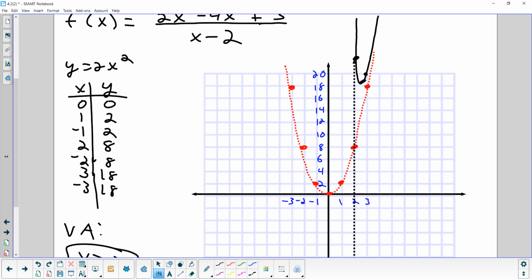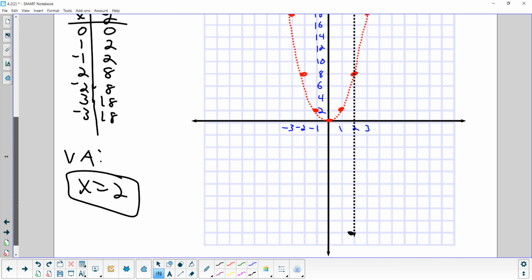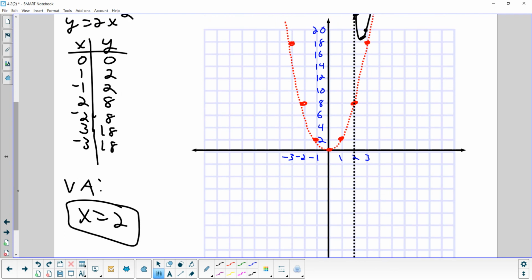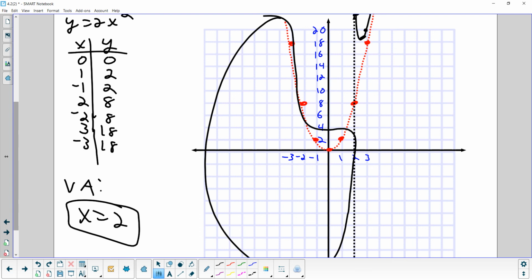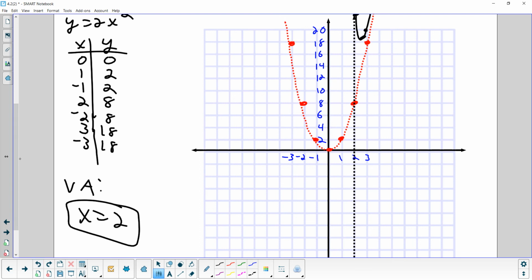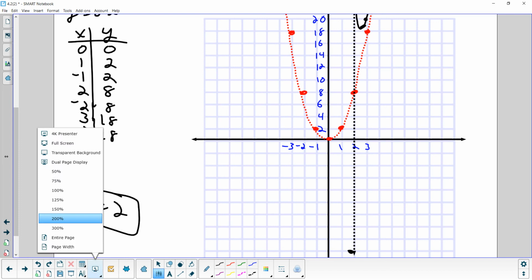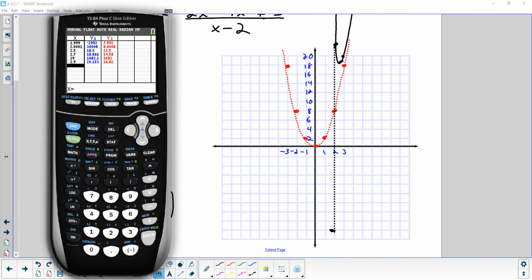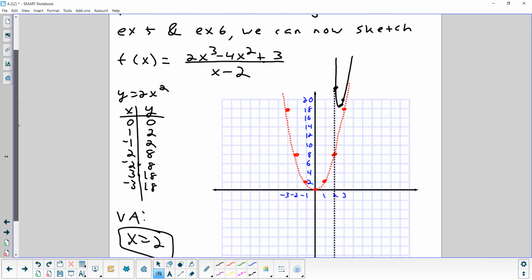All right. Now we need to figure out what's happening in this whole area. What does my graph look like there? What would be another good x value to try that would give me some more information? Yeah, do you want to find the x-intercept? We could set y equal to 0. Unfortunately, that's a cubic I have to solve.